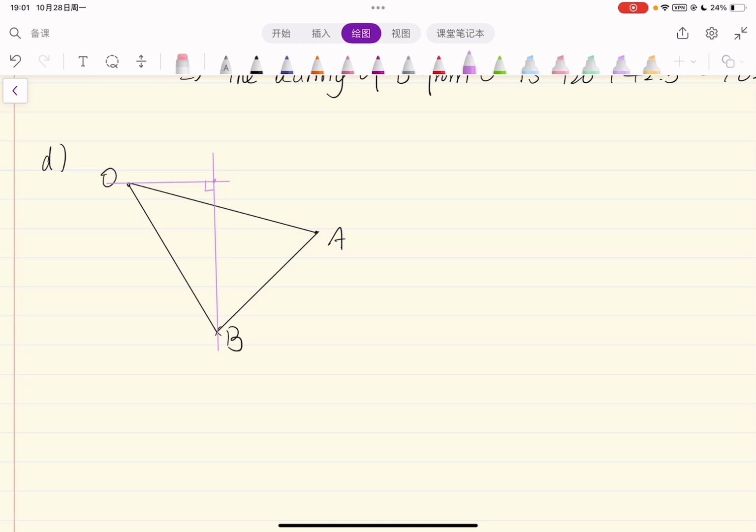We said this is point D. We know OB is 11.7, and we want to find the length of OD and BD. The first thing we need to find is the angle DOB.